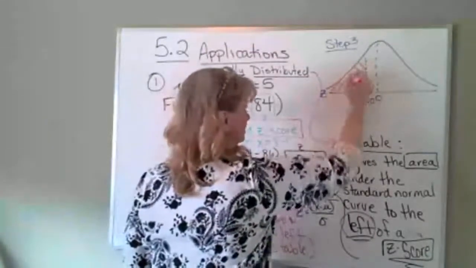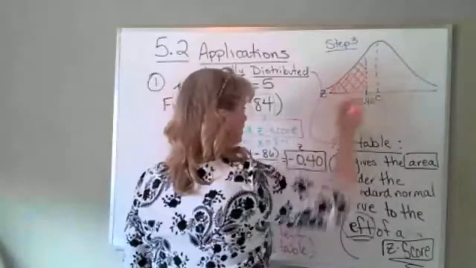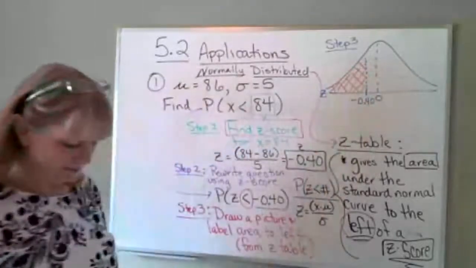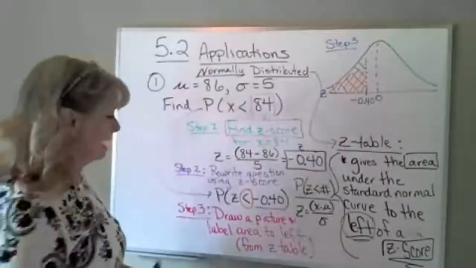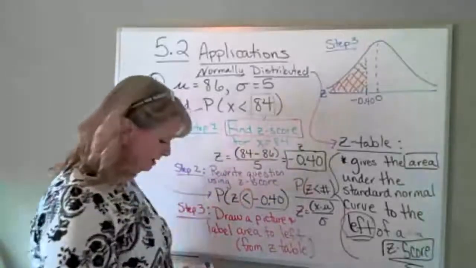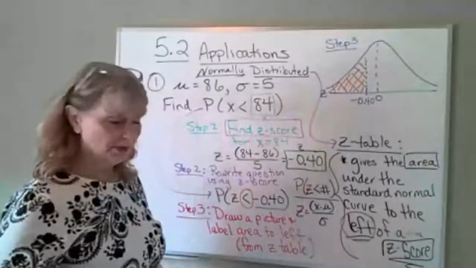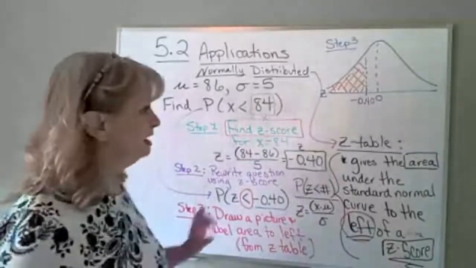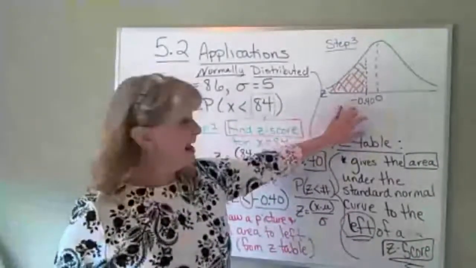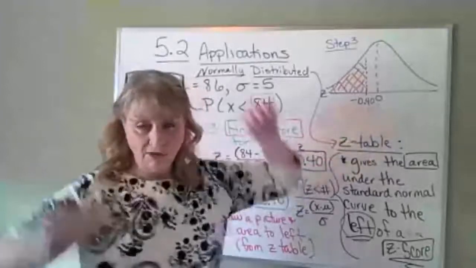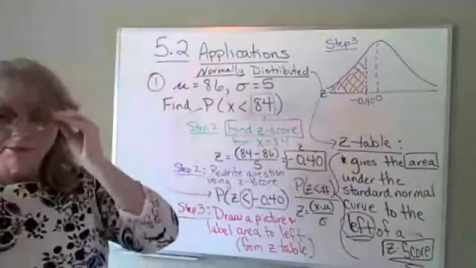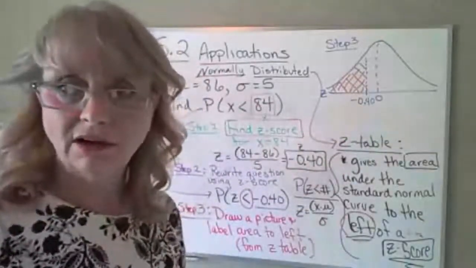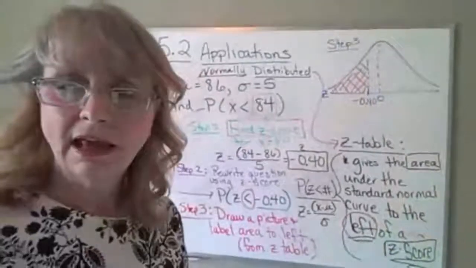So I'm going to shade the area I'm looking for. That's my question. But also, when I look this number up in my table, the table's always going to give me area to the left. So we're looking for the area to the left of negative 0.40. I'm going to pull up the Z table. I think I have it in here. Yeah. And I want page 1.